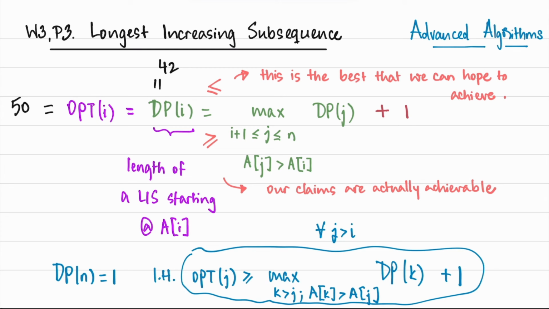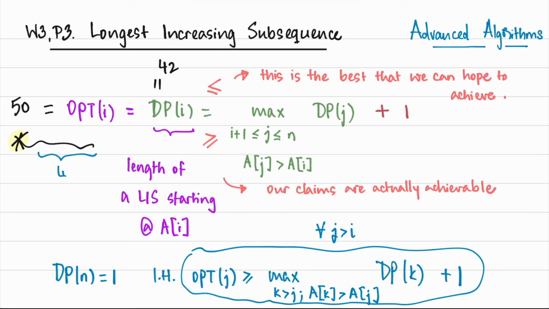Now, what is the contradiction? What we are going to say is, okay, show me your sequence of length 50. What is the second element in that sequence? It must be some a of j for j greater than i, which means that dp of j should have been 49, because if I chop off the a of i element from your 50 length sequence, what am I left with?